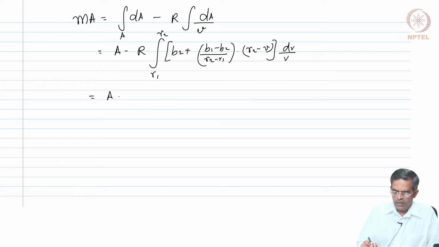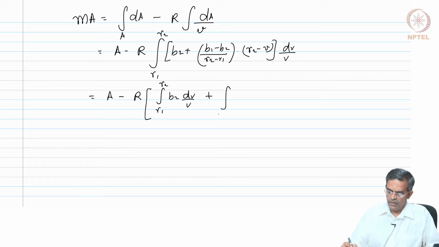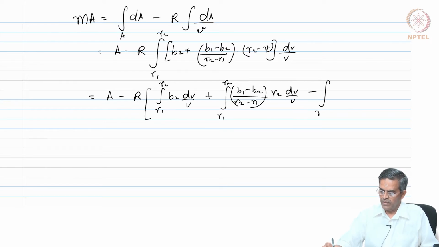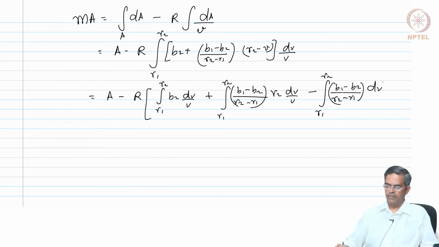Which will become A minus R, integral R2 to R1 B2 dV by V plus integral R2 to R1 (B1 minus B2 by R2 minus R1) of R2 dV by V minus integral R1 to R2 (B1 minus B2 by R2 minus R1) of dV.